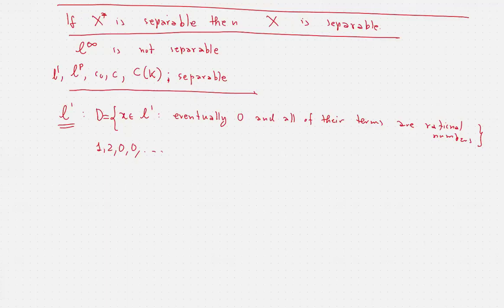It turns out that the set of such sequences is a countable set, and also it turns out that it's a dense set. So that's how we find a dense set in L1. The same description pretty much works for each of the spaces Lp, C naught, and C. This set is a dense subset in those spaces also.